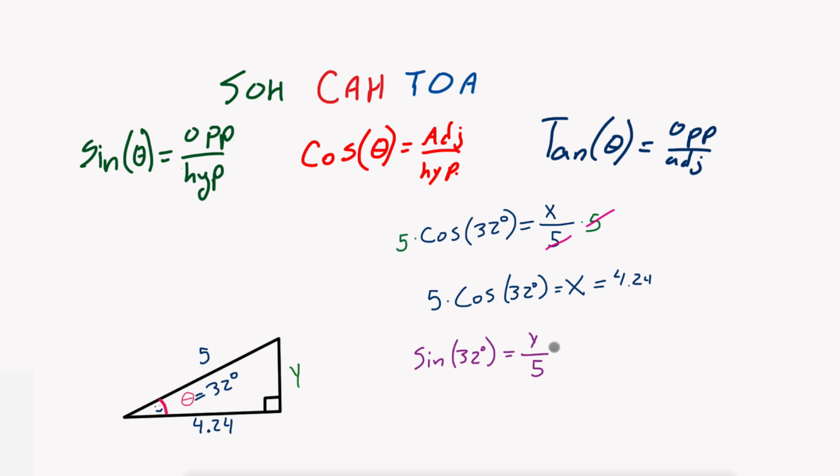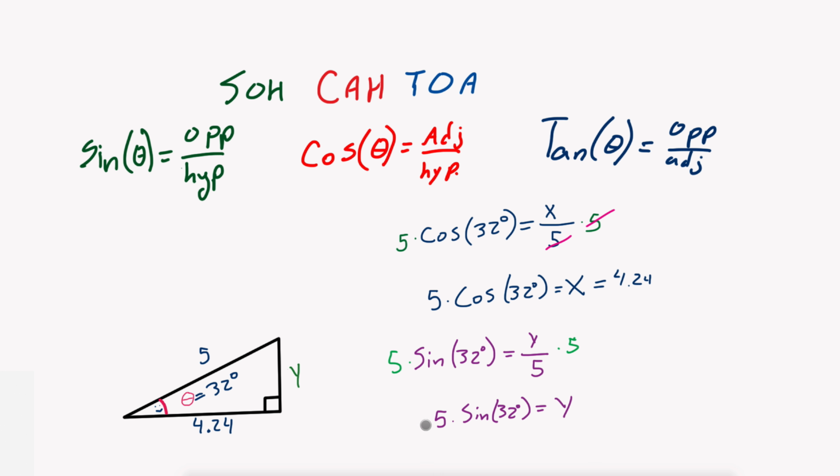And when we multiply by 5 on both sides, we get 5 times sine of 32 degrees is equal to y, because these 5s cancel out and become 1.